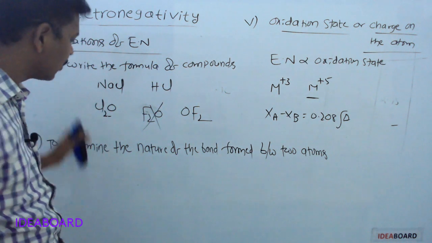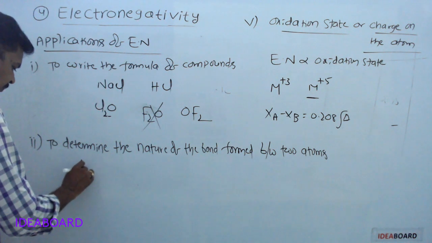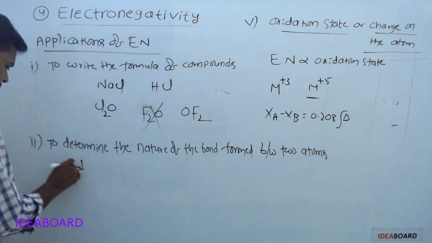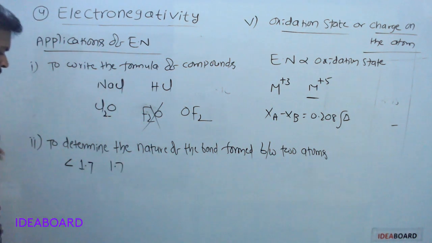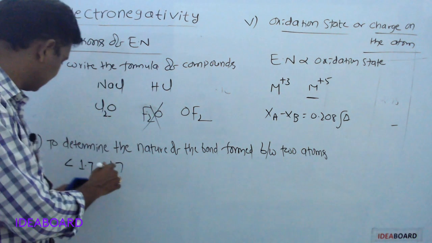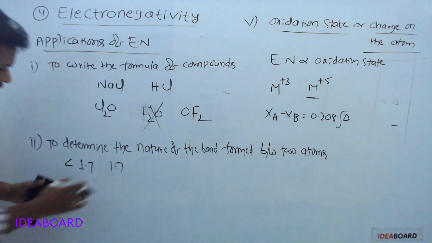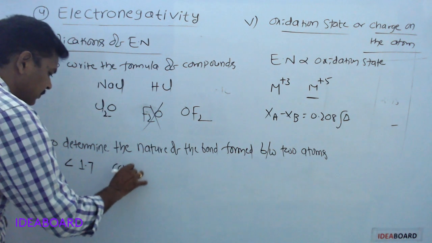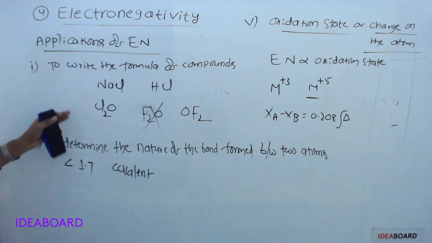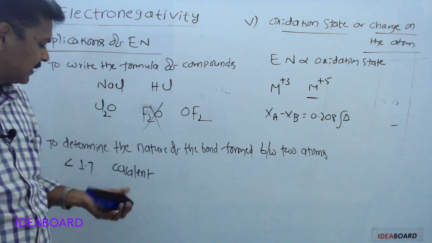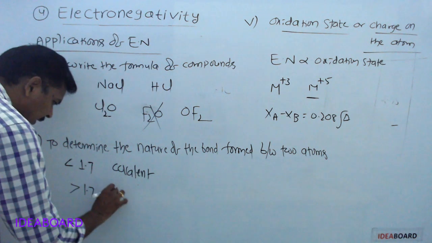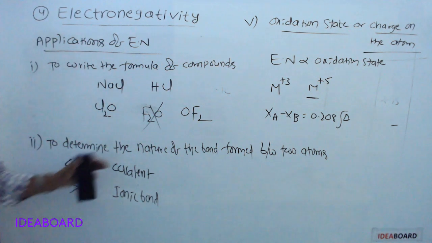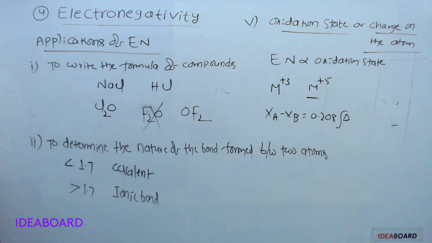If it is less than 1.7, then a covalent bond will be formed. If the electronegativity difference between two atoms is less than 1.7, sharing of electrons takes place, and a covalent bond will be formed.